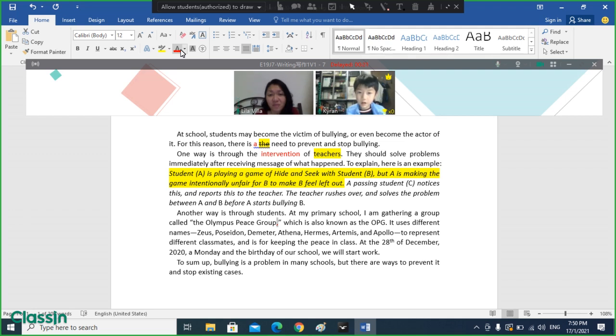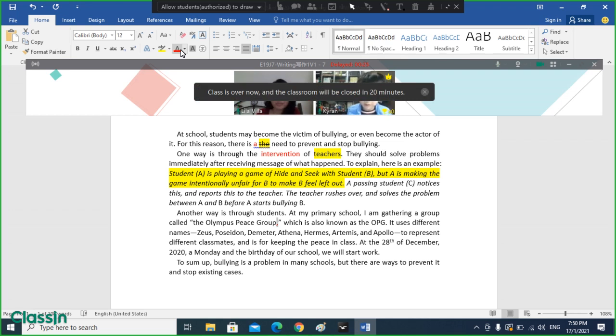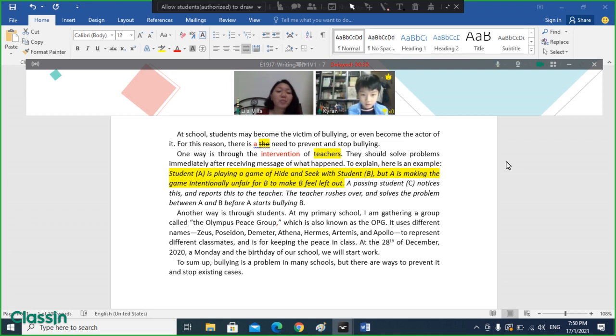Do you see it now? The comma? Yes. Placement of the comma? No. The Olympus Peace Group quotation mark, comma. So I put the comma inside the quotation mark. Do you see it? No. It must be a lag in the internet.